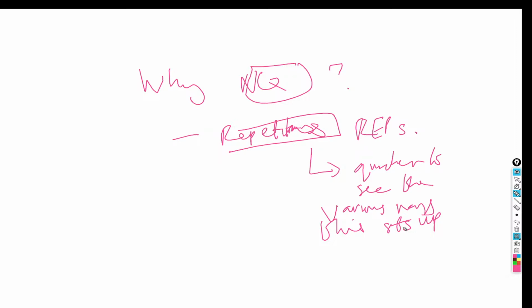Okay, the other reason is that it's all about edge, right? To prove you've got an edge, or to prove to yourself you've got an edge, or to have a business model that might be sustainable, you need multiple trades.